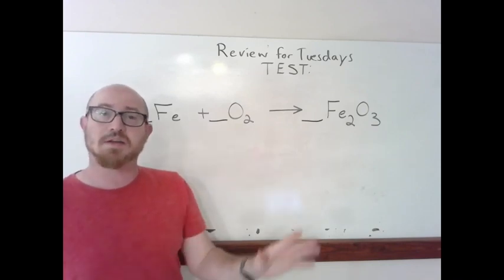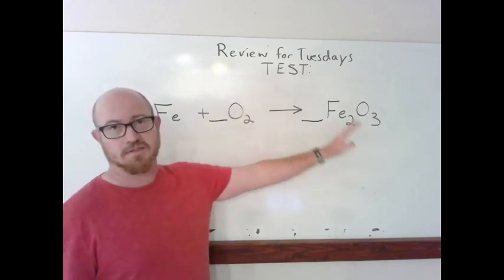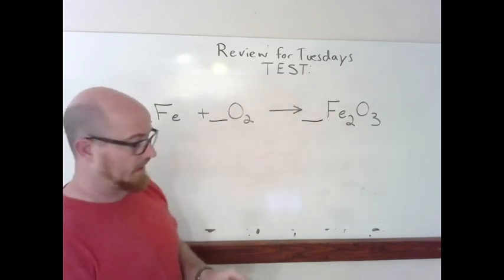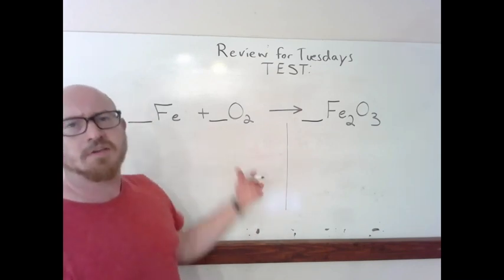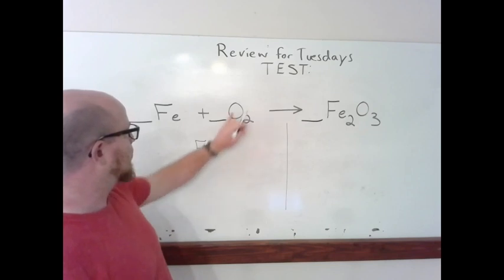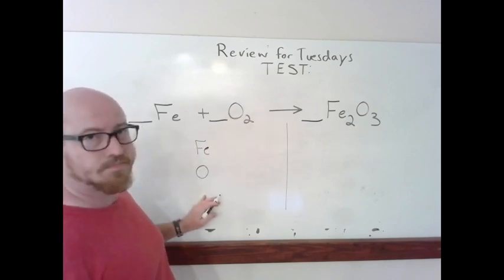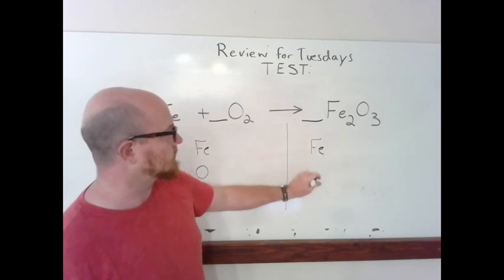So the best way to start to balance an equation is to look at both sides as unbalanced, and I start by drawing a line at the yield sign here, and then just list what you have. You have iron, and we have oxygen. On this side we have iron, and we have oxygen.